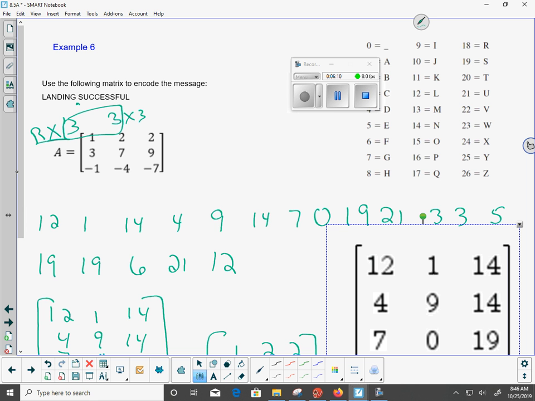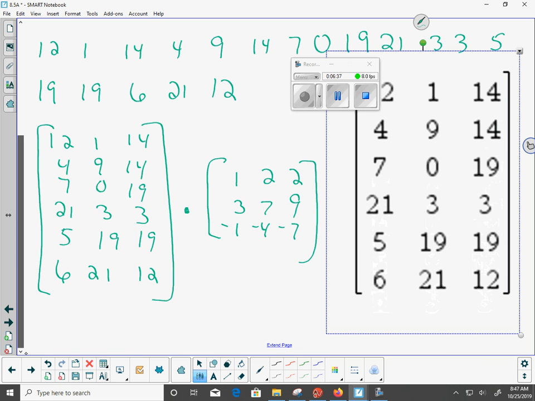So what you're going to do is come up with a message that's at least 15 characters long. You are going to come up with a matrix that you can take the inverse of. You are going to write your message on a piece of paper, write that matrix on a piece of paper, change your message into these 0 through 26 numbers, and then code your message, and you're going to end up with that coded message.